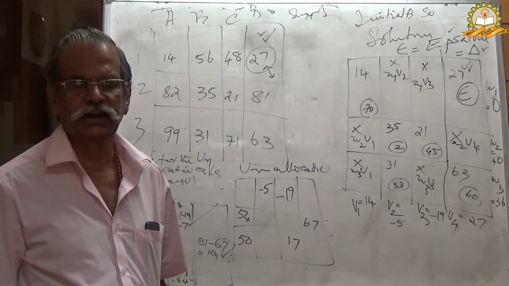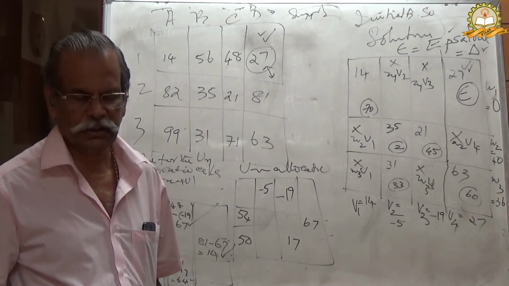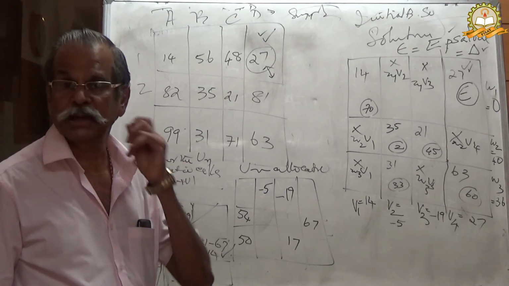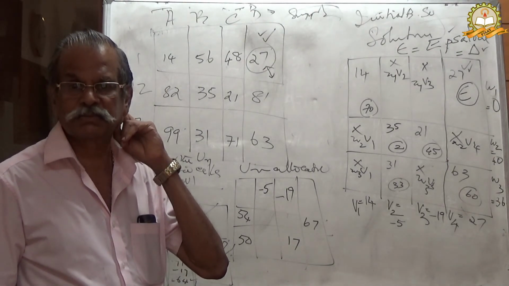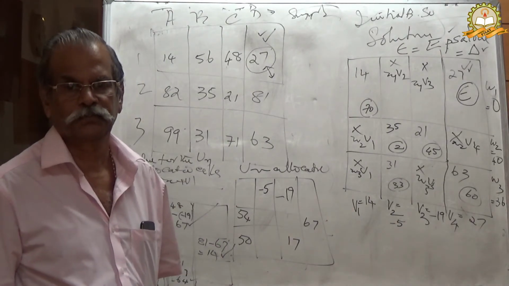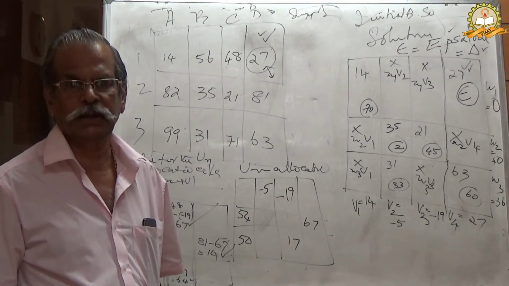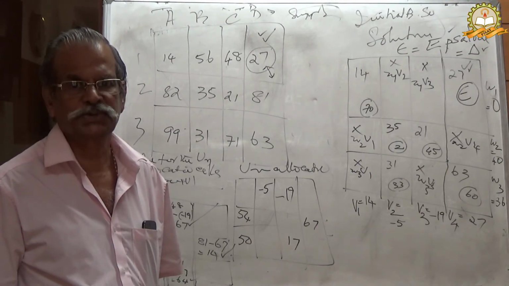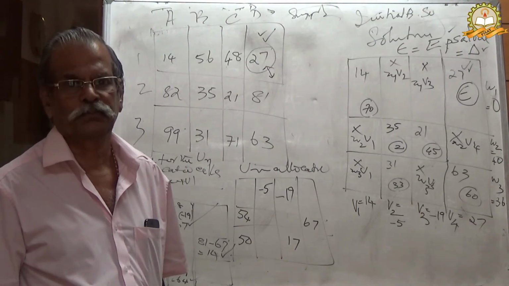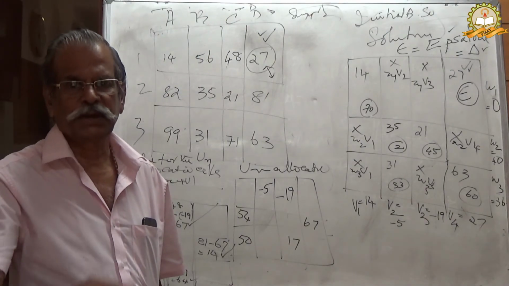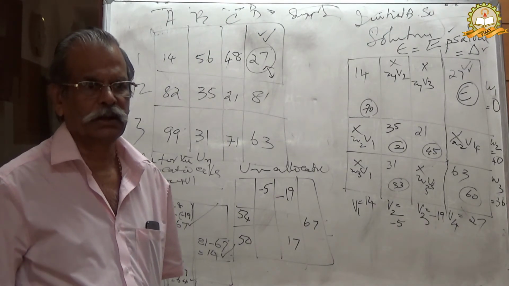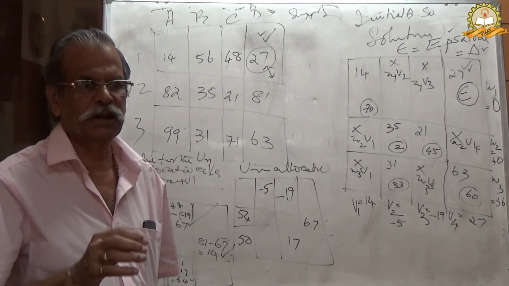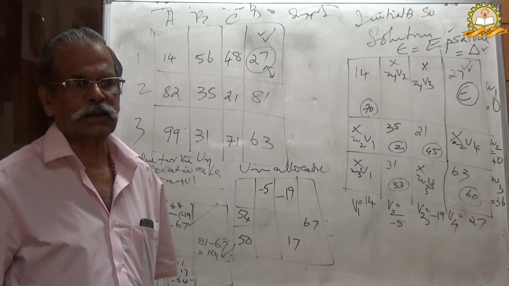initially consider supply equal to demand, and they may ask you what is the maximum profit available using transportation problem. As you have studied earlier, transportation problem comes under minimization calculation.